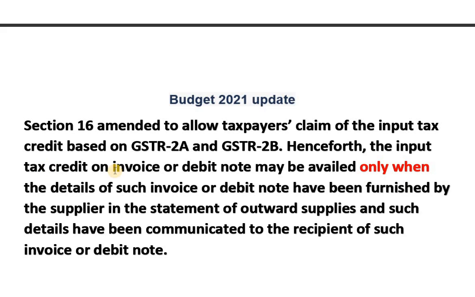Henceforth, the input tax credit on invoices or debit notes may be availed only when the detail of such invoice or debit note have been furnished by the supplier in the statement of outward supplies and such detail have been communicated to the recipient of such invoice or debit note. That means if such details have been communicated to the recipient, then they will be allowed to claim the input tax credit.